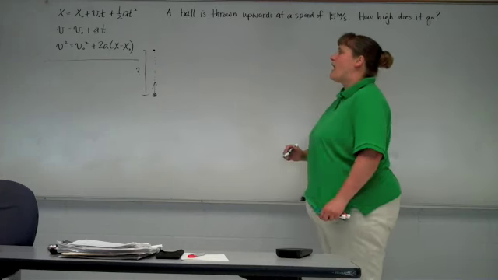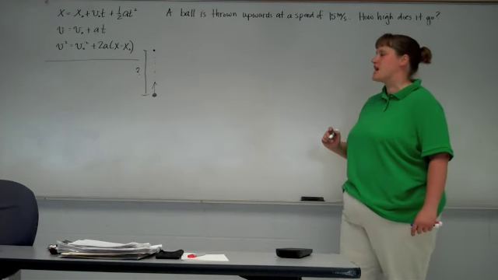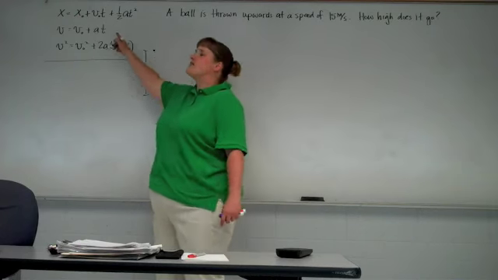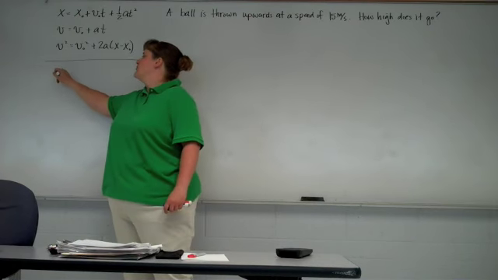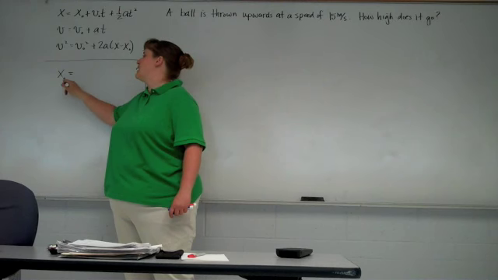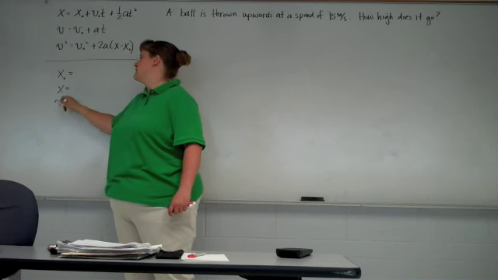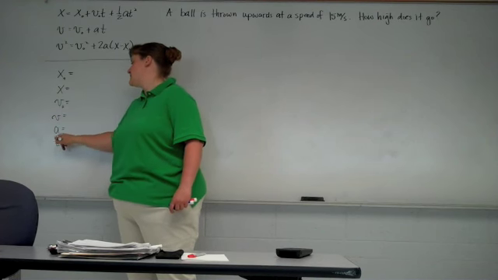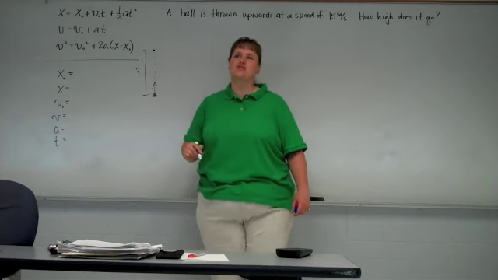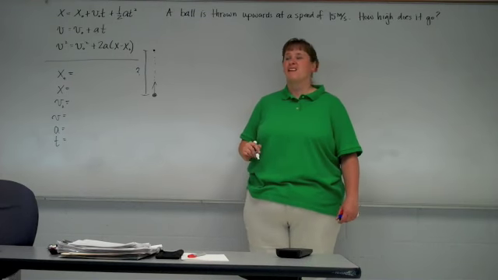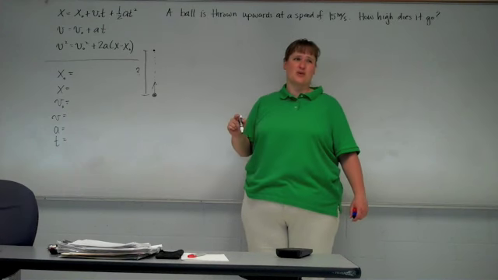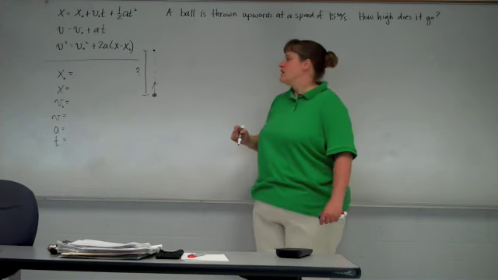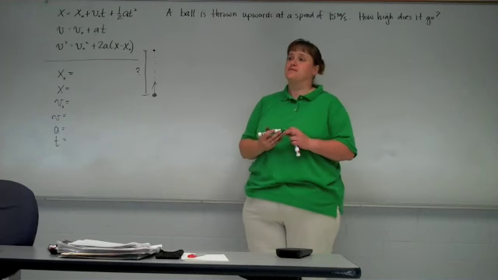Okay, I recommend when you're solving these types of problems, write down these variables. So x naught, x, v naught, v, a, t, and fill in the ones you know. Because that's going to help you choose which equation to use. Now, x naught.